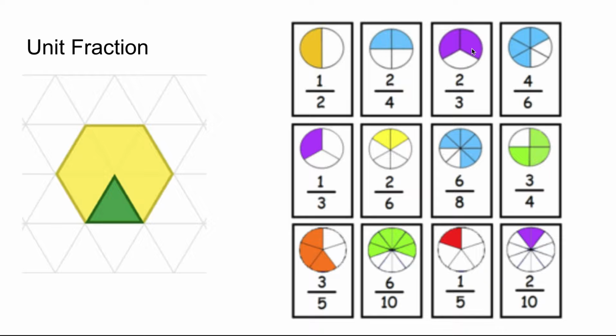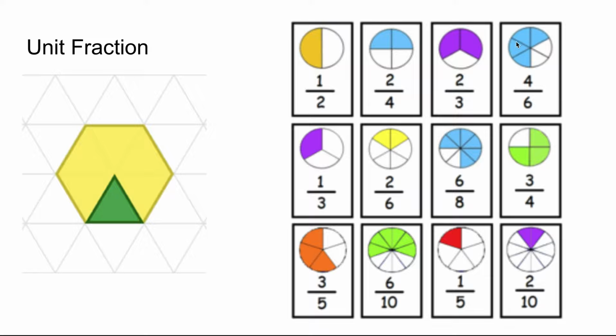Same for this one. We made this circle into 3 equal parts. So our unit fraction becomes 1/3. How many thirds are shaded? We count 1, 2 thirds are shaded. We call that 2 thirds. Does it make sense? I hope so.